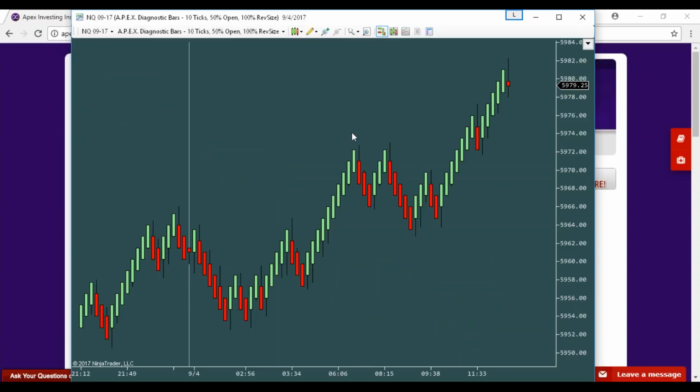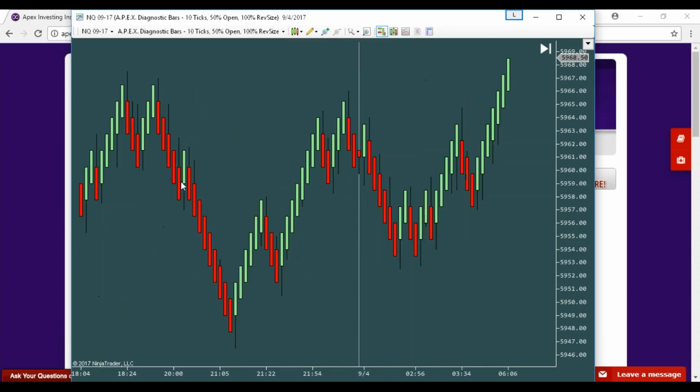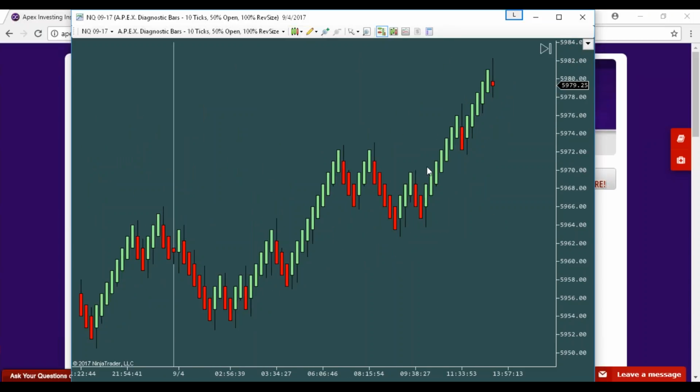I mean, this is not a C's template, but you're not going to see clusters and order prints on here for the time that you didn't have your chart open. You might see them historically back from when you had them open before, but for the time frame that your charts were shut down, you're not going to see clusters on there, okay? So keep that in mind, because your charts have to be open live to see those things. Does that make sense, Eugene?